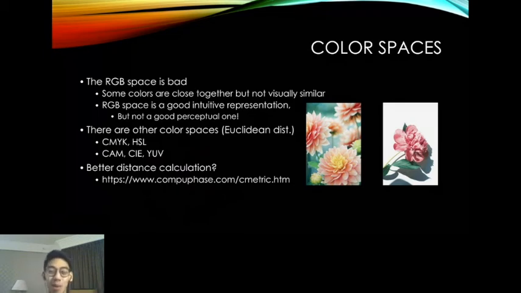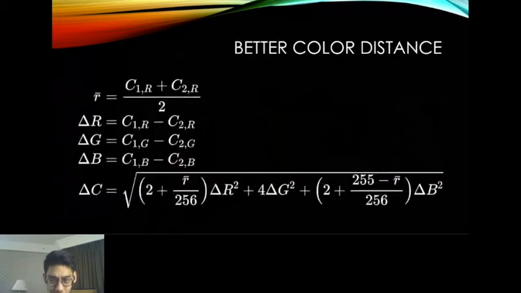He'd basically seen the problem I faced, but he likes the RGB space a lot because distances are very intuitive in RGB, while distances are more visually correct in other spaces. So he said maybe I can find a distance that works, a good trade-off between the two color spaces.